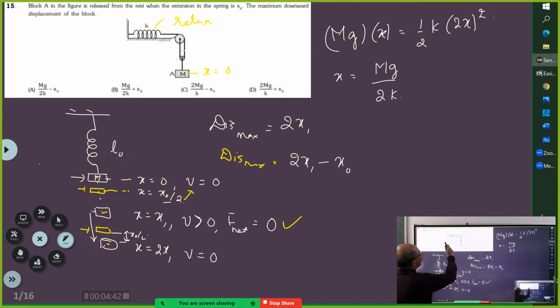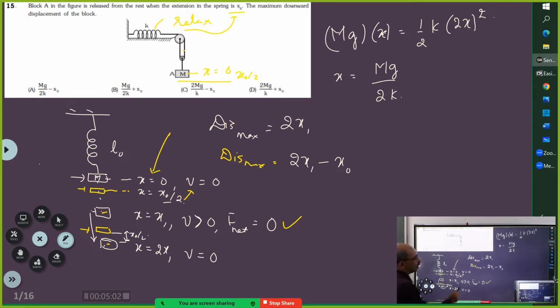Now the problem given is that when the extension of the spring is x naught, that means this would have come down to the position x naught by 2, the same situation as it is.